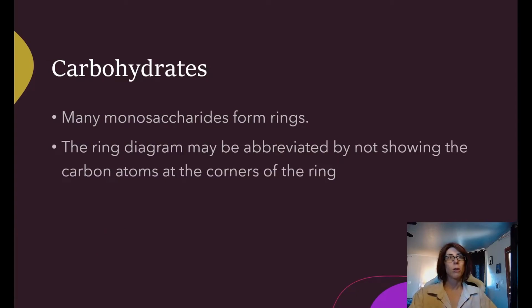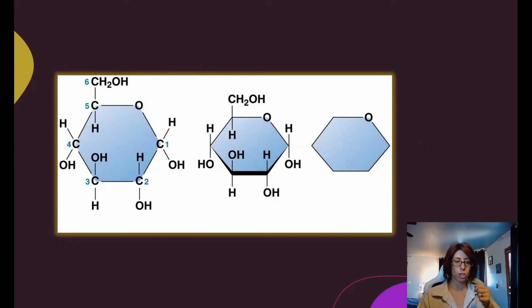Many monosaccharides form rings. The ring diagram may be abbreviated by not showing the carbon atoms at the corners of the ring. We've already discussed that, but I'm just going to show it really clearly here. All the way on the left, you can see all the carbons numbered, and these are pictures of glucose. You can see how they're successively more and more lazy ways of drawing this molecule. The full way of drawing it is on the left.